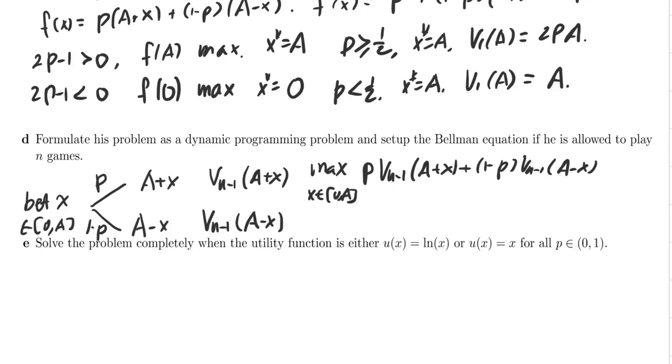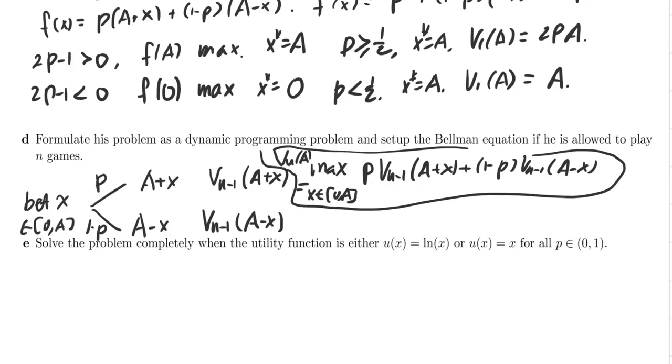And this is our v n of a. So this is our Bellman equation. And don't forget the boundary condition, v 0 of a is a. That means if we don't play anything, then we simply have a.